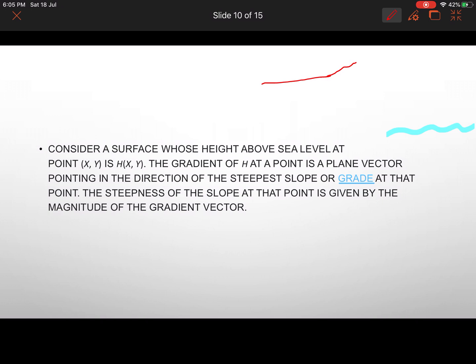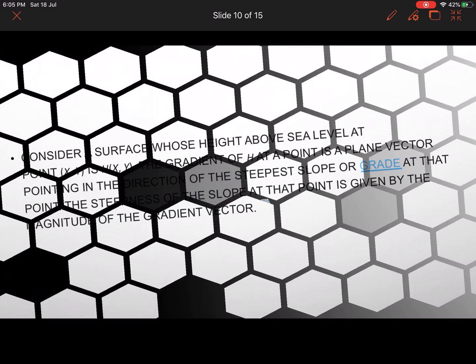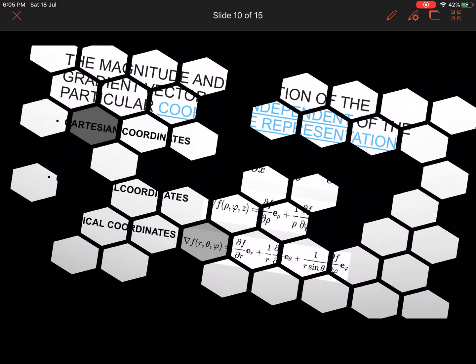For the height h, its gradient will give you the slope. That means del h. That is the importance or use of the gradient function. Okay, let us move on.